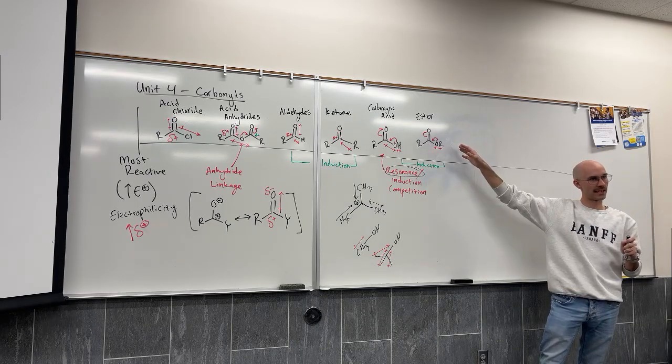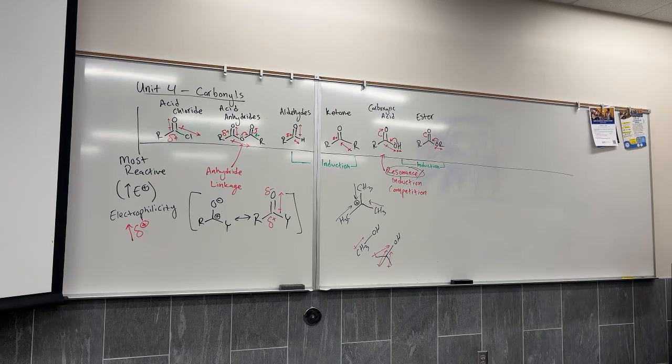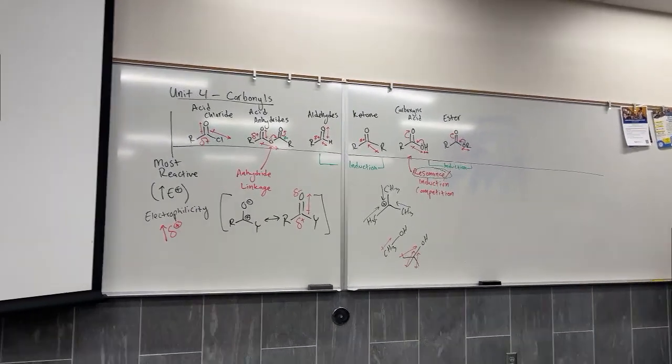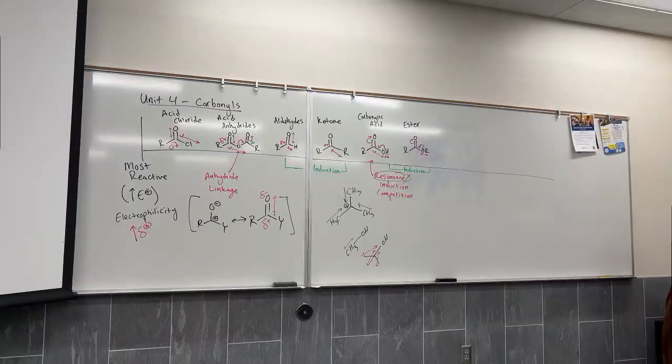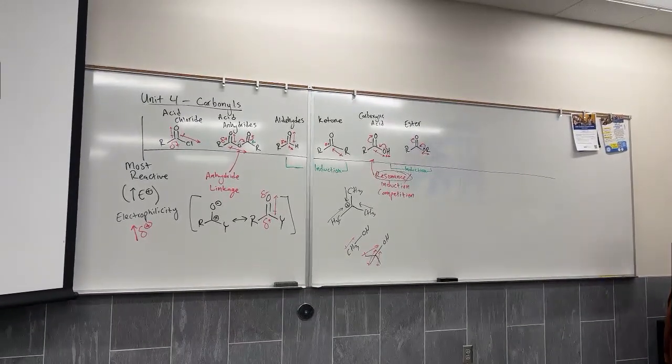So this is maybe not a technical thing. What I might show you guys is like an electrostatic potential map, something that shows how the electron density around the carbonyls differs depending on what groups are surrounding it. I'm just not sure if I'll find a good electron map for that.